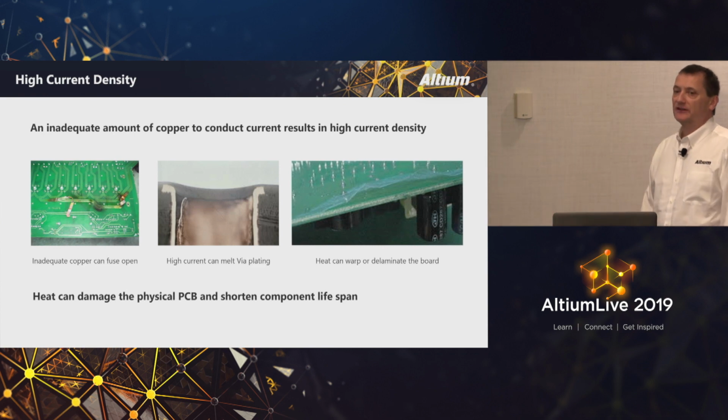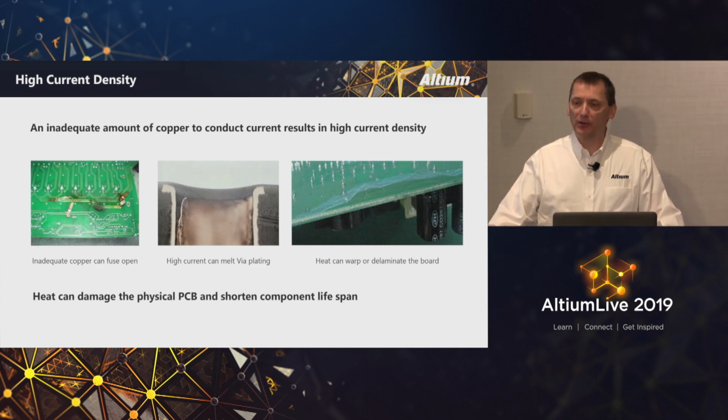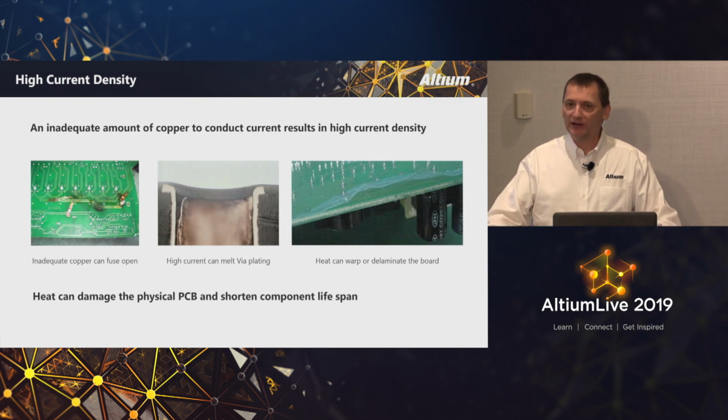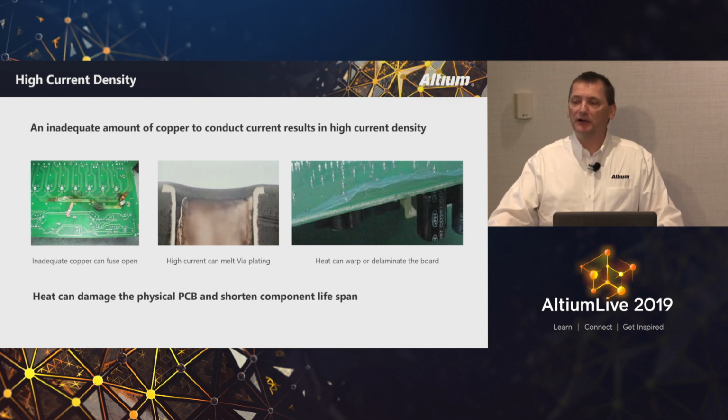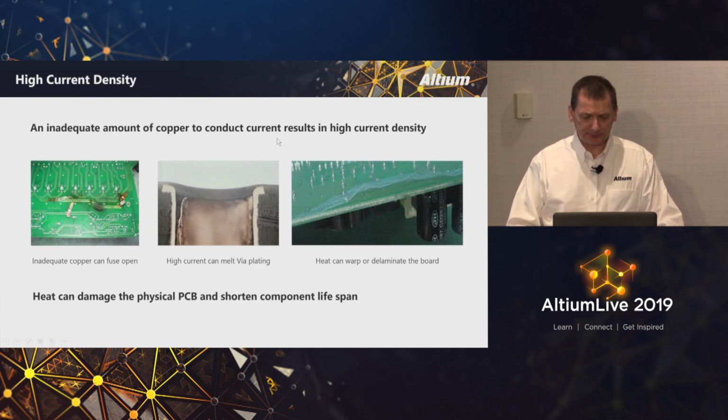Again, when you originally designed the polygon, it may be perfectly fine, but after components are moved around, vias are introduced, you can come up with some areas where you get little bottlenecks in the polygon and those can fuse open. I've had many customers report that over the years, and since introducing this capability that we have, I'll show you today, it's really the way to find that. That's not something a design rule can always pick up.